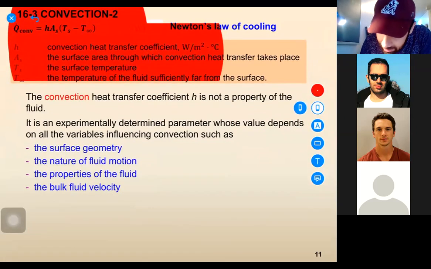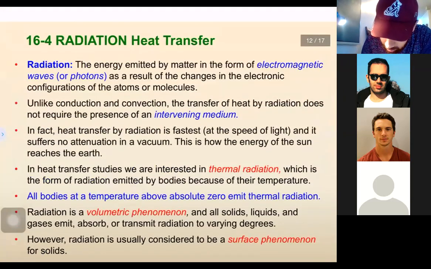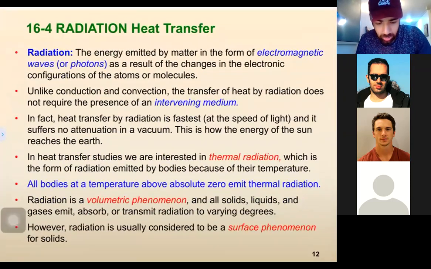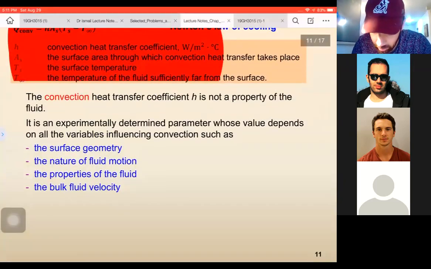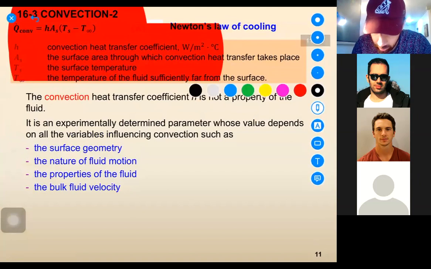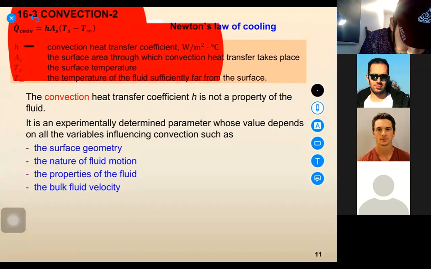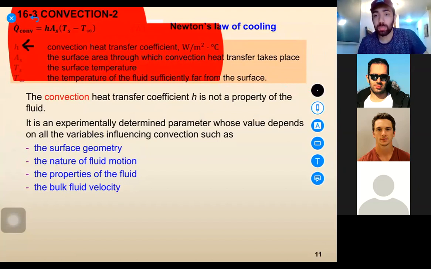If you can see, the convection constant is shown with H. H is the convection heat transfer coefficient. It is comparable with the one we had for conduction, which was denoted with K, if you remember.